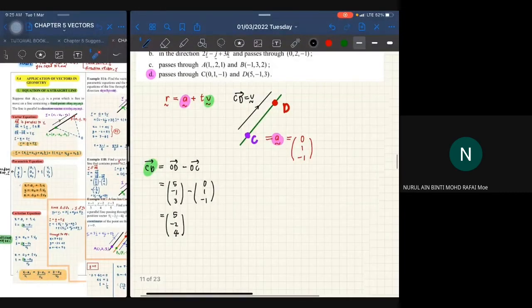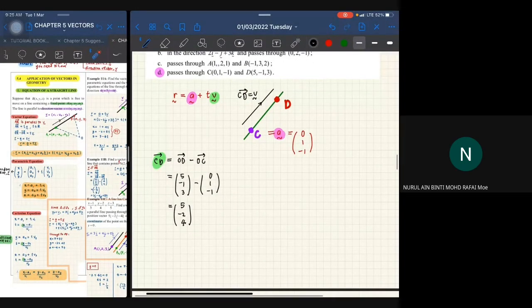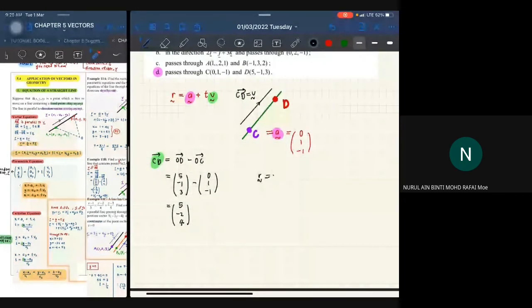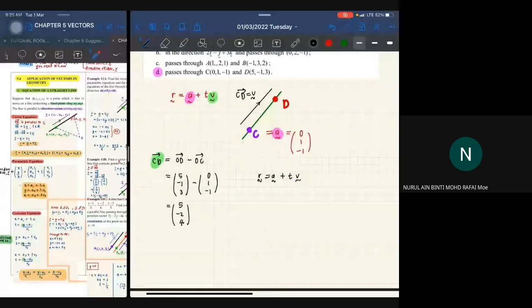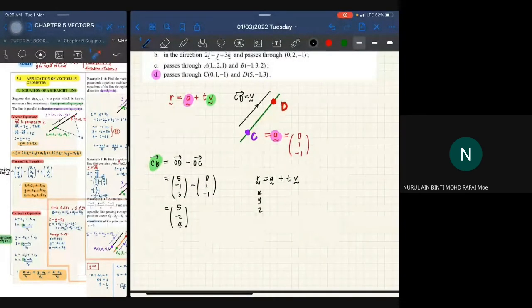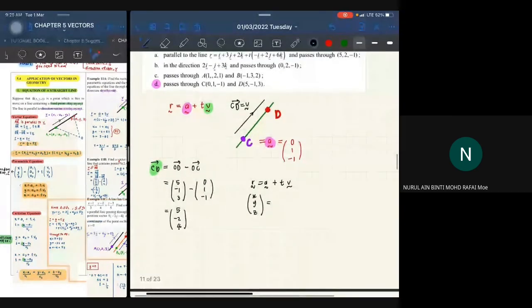Okay, so masukkan dalam equation. r equal to a plus tv. Okay, everything must be in the form of column matrix. So r is x, y, z. Right, and then your a is 0, 1, -1.